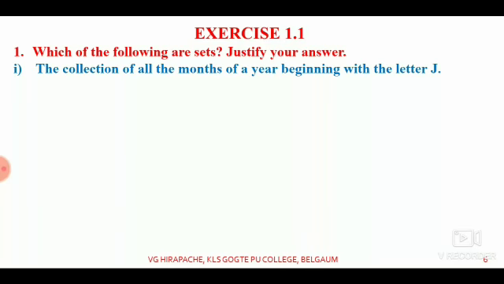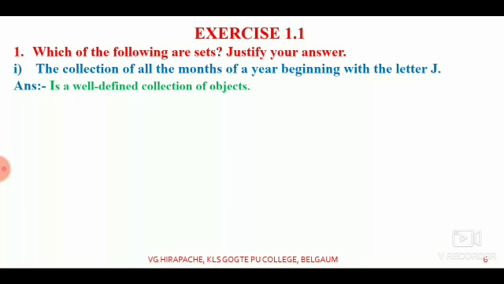Let me take the first example: the collection of all the months of a year beginning with the letter J. Dear students, we know that in a year there are 12 months and some months of a year begin with the letter J. We have to answer whether this type of statement forms a set or not. If yes, you have to justify your answer.